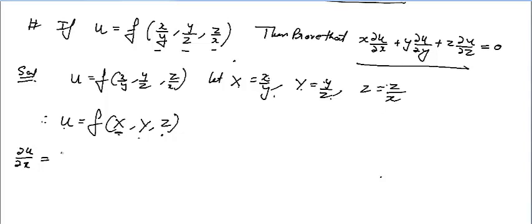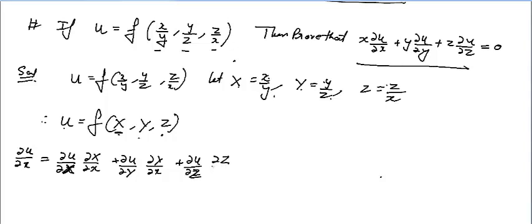So this will be the derivative of u with respect to capital X, and derivative of capital X with respect to small x, plus derivative of u with respect to capital Y, and derivative of capital Y with respect to small x, plus derivative of u with respect to capital Z, and derivative of capital Z with respect to small x. Correct? You can write small x like this.